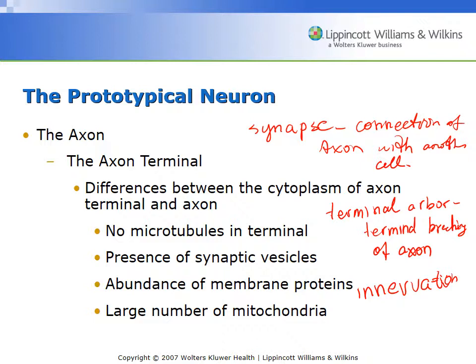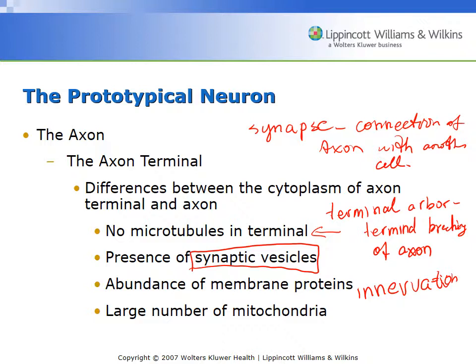Some of the things to note is that there are no microtubules in a terminus. No microtubules. There is an abundance of synaptic vesicles, and the synaptic vesicles carry many different chemical signals.